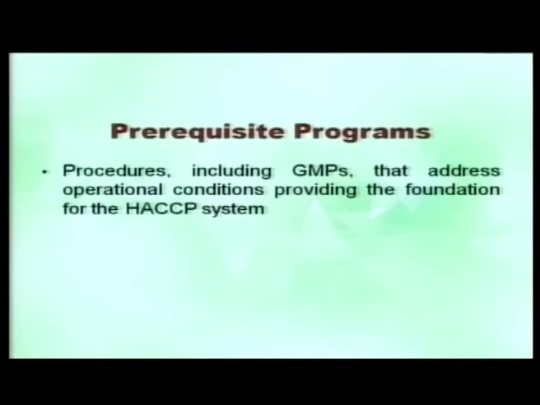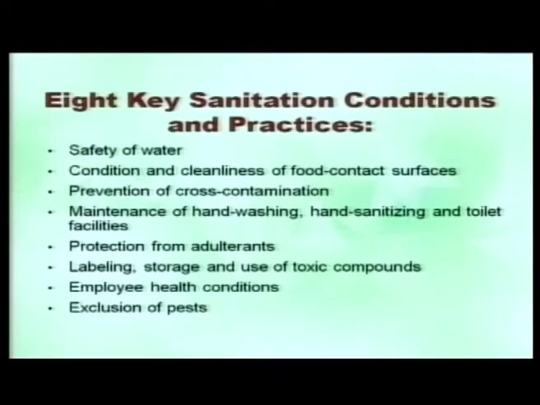Now, what does prerequisite programs refer to? As the name itself suggests, it's a prerequisite. That means before starting the actual program, you have to do some pre-planning and preparation. They are procedures, including GMPs and GHPs, that address the operational conditions, providing the foundation for the HACCP system. So, these are the basic conditions.